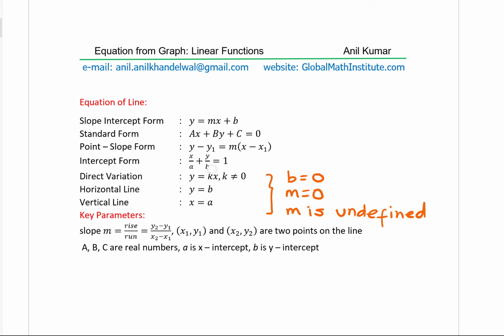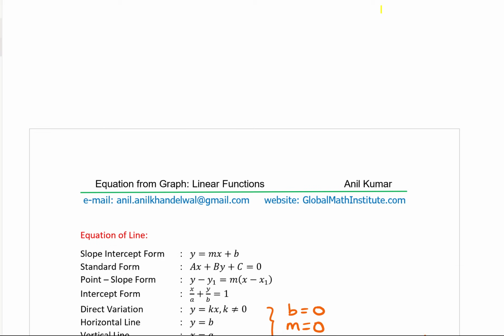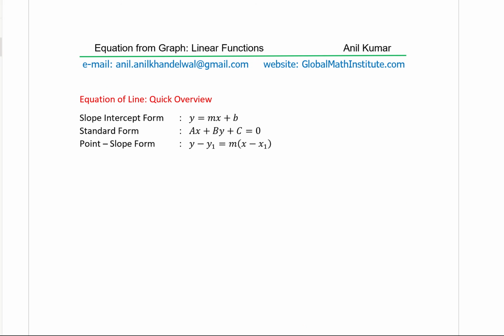Lowercase a and b, these are the x and y intercepts. So with that information, let's move on and see how to write equation of the given graph if the graph is of a line. So let's review these concepts once again, and then we'll begin with few examples.